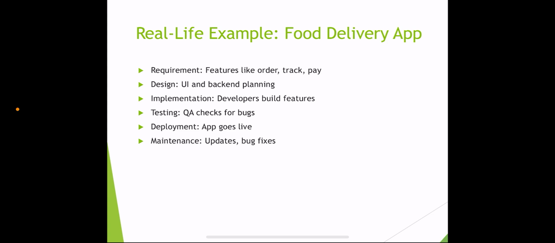Here in the food delivery app, in the requirement phase, features like order, track and pay are needed by the client. We get that requirement from the client, discuss the pros and cons, and how we are going to implement it. That comes under requirement.